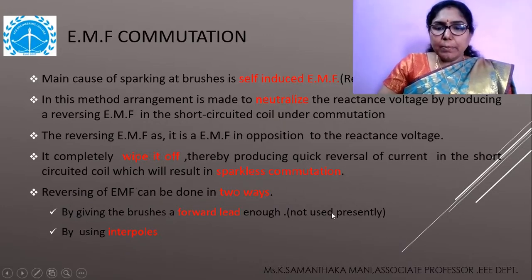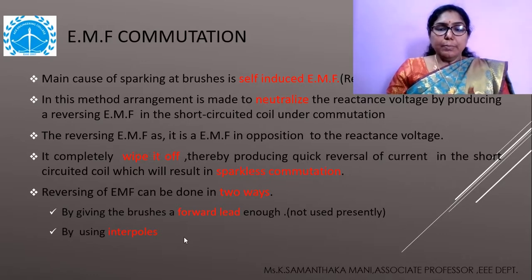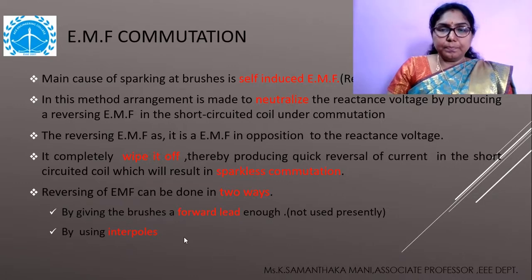Earlier it was used, but presently it is not used. Now coming to the next method of EMF commutation, this is done by using interpoles. These interpoles are also called compoles. Now I'm going to introduce the meaning of interpoles and the location of the interpoles with the help of the diagram.